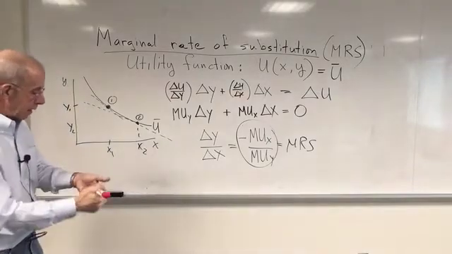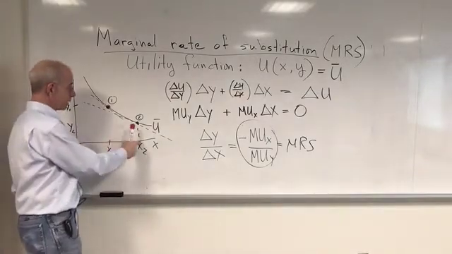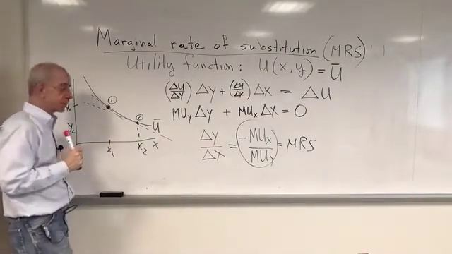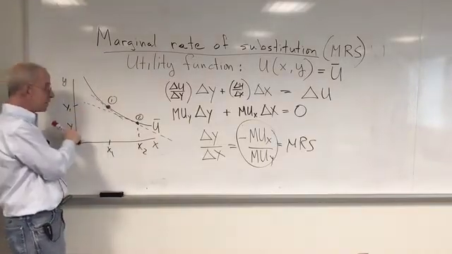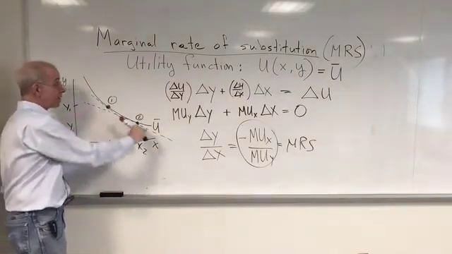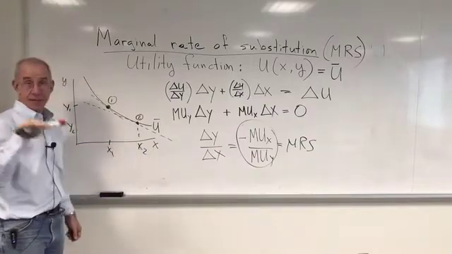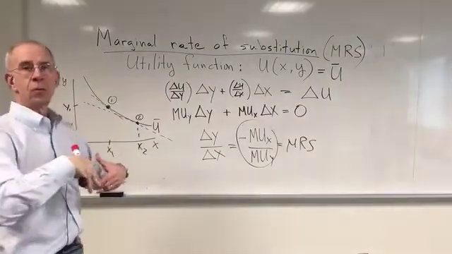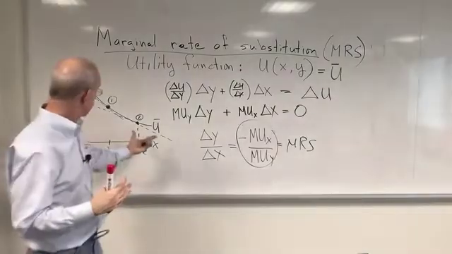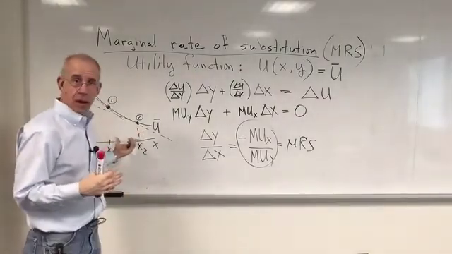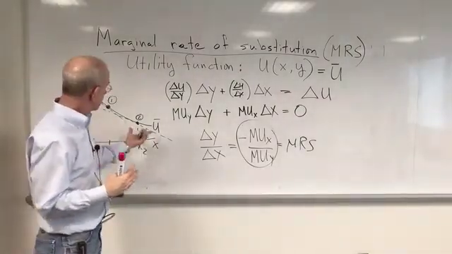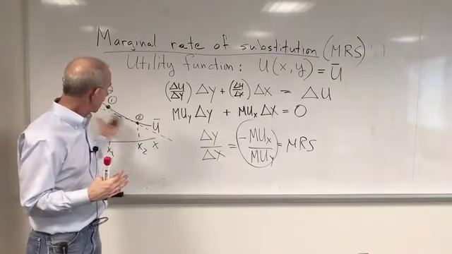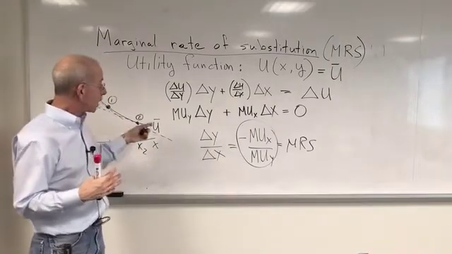I am increasing the consumption of X. I am decreasing the consumption of Y, and this slope has gotten flatter. That's pretty obvious from this combination of the slopes.